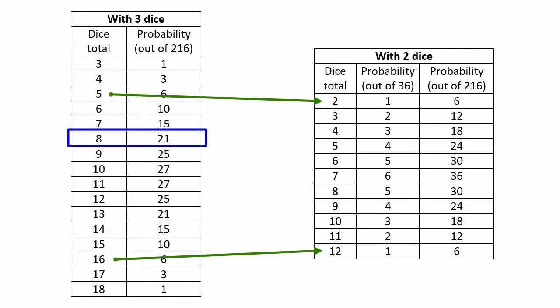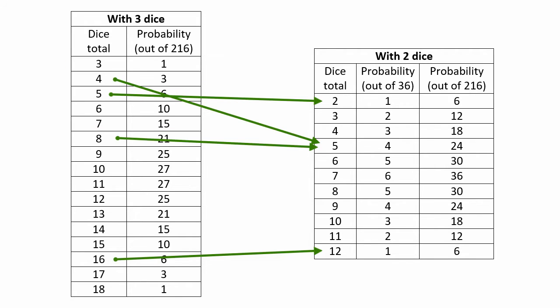So I could say something like, if you were to roll an 8 or a 4, the probability would be 3 out of 216 plus 21 out of 216, which would be 24 out of 216. That's the same as if you were to roll a 5 with 2 dice. So we can say if you roll either an 8 or a 4 with 3 dice, that'll be equivalent to getting a 5.